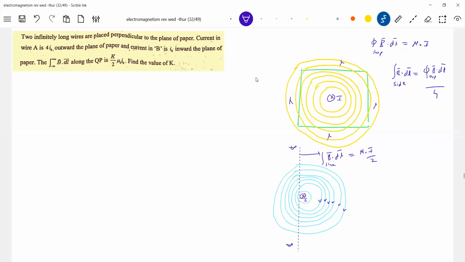The plane of paper. There is a line along QP. B bar dot dl along line QP.